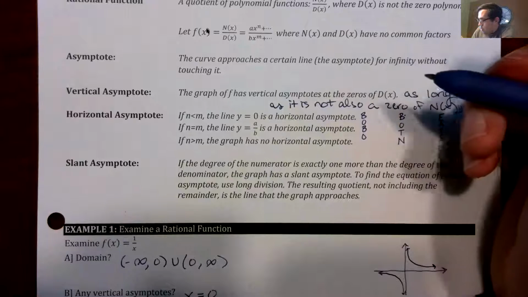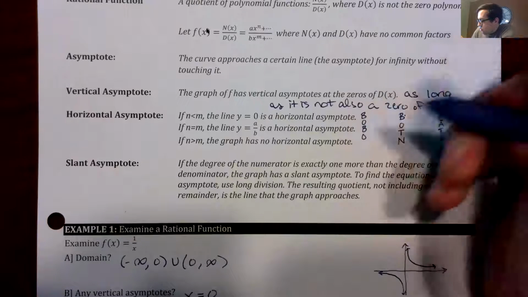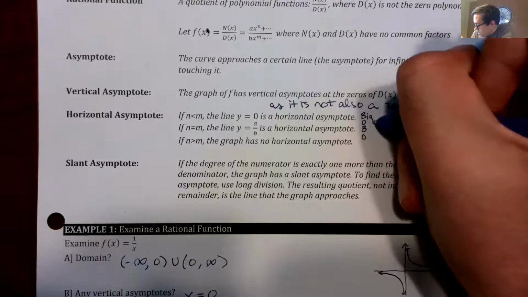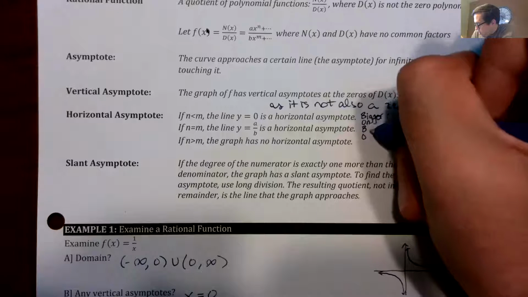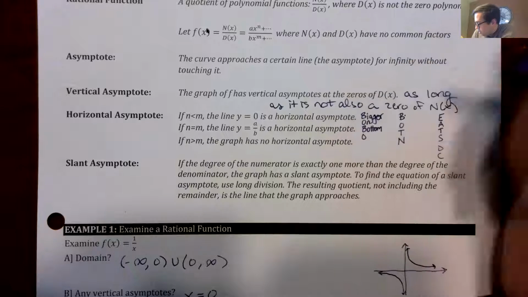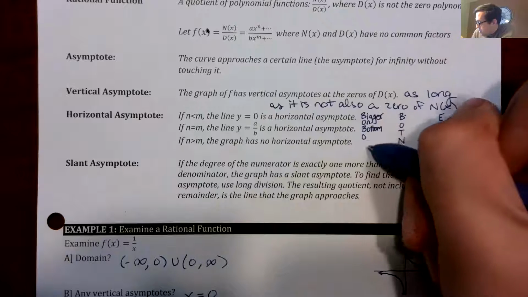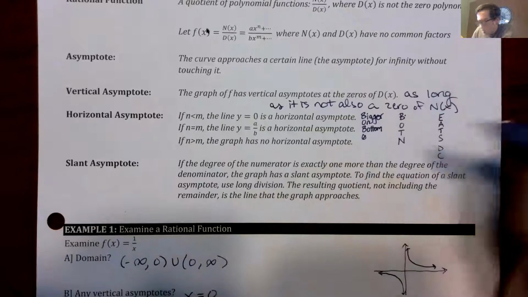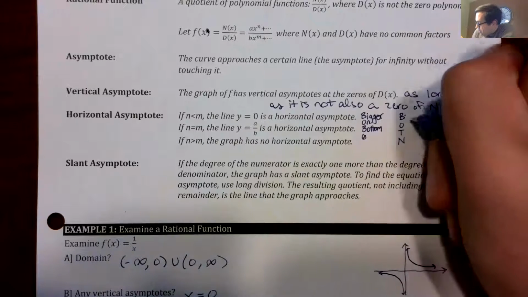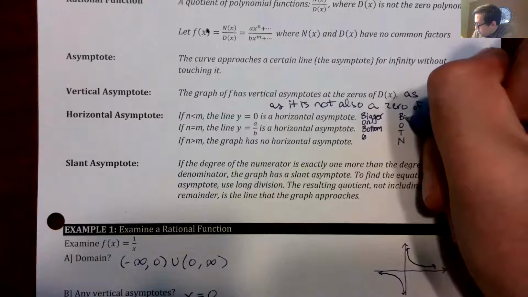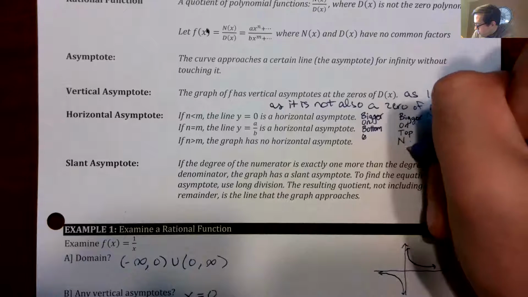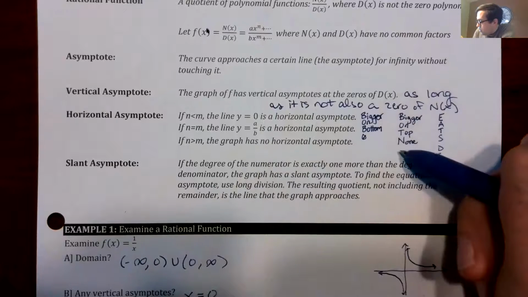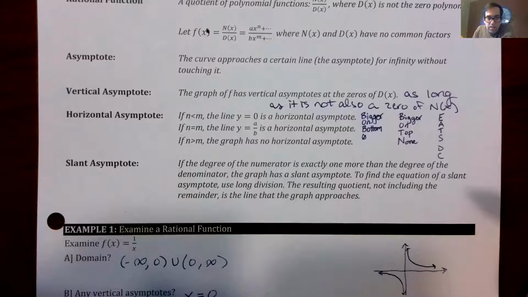It's all about the degree of the rational function. So if the degree, so the exponent, is bigger on bottom, then the horizontal asymptote is 0. That's a 0 right there. If the degree, the exponent, is bigger on top, then there is no horizontal asymptote.